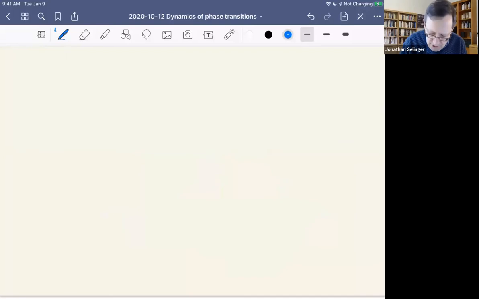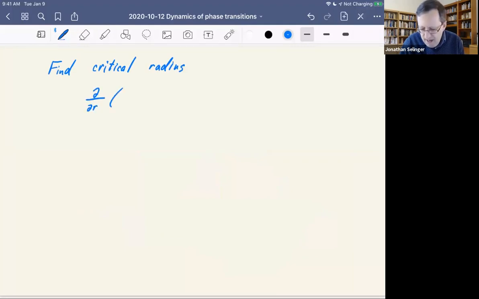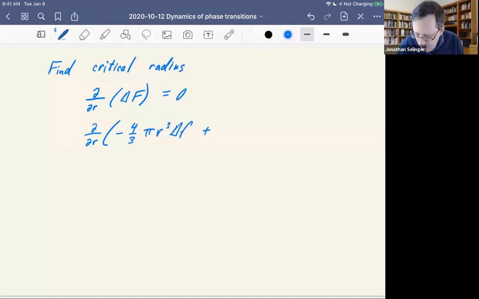If we want to calculate that, we just need the maximum of that function. And so to find the critical radius, we just want to say that the derivative with respect to r of this delta f must be 0. So that's the derivative with respect to r of minus 4/3 pi r cubed delta f plus 4 pi r squared sigma is 0.